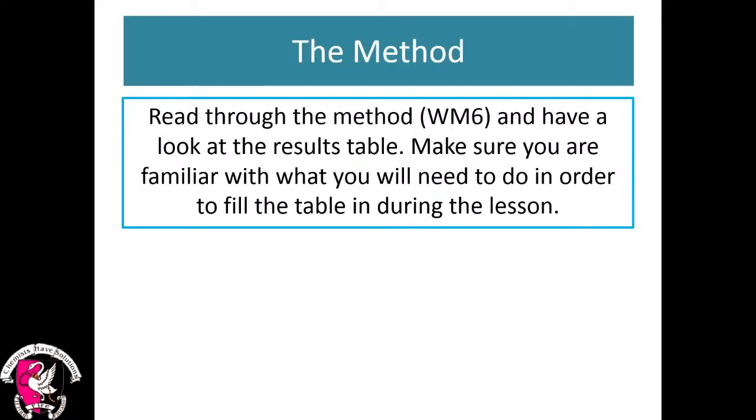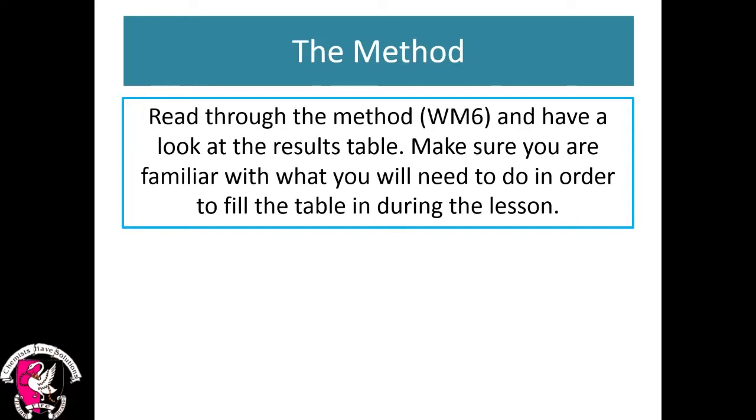So what I'd like you to do is read through WM6 and have a look at that results table. Because it is quite a big results table, have a look at all the different measurements you need to take, and make it clear the steps you're going to need to do things in when you're weighing and taking the mass of your samples. Make sure you know what order you're going to have to do that.